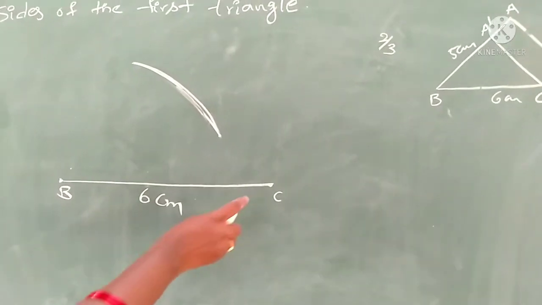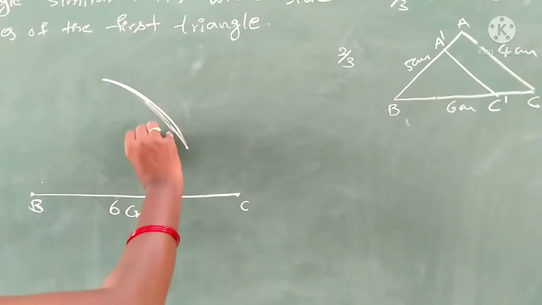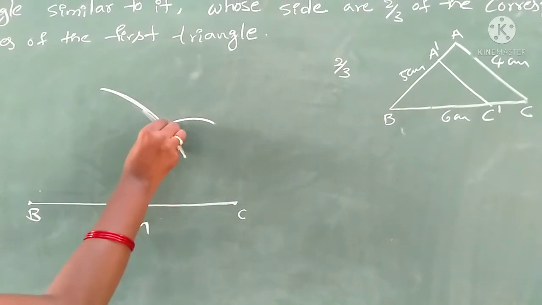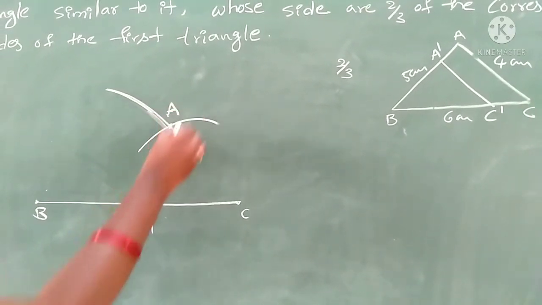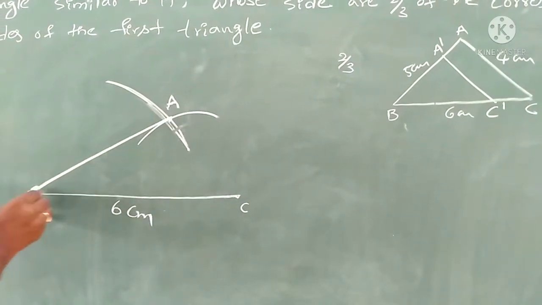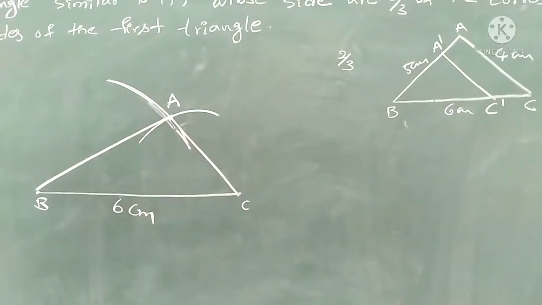Next we take the measure 4 centimeters with center C and draw another arc. It cuts the earlier arc. The intersecting point is named A. Join AB and AC.